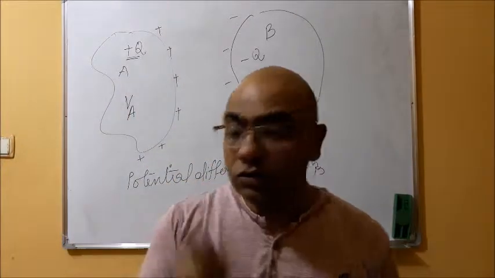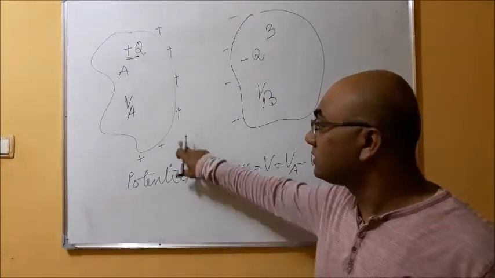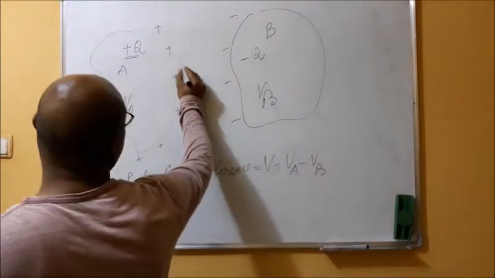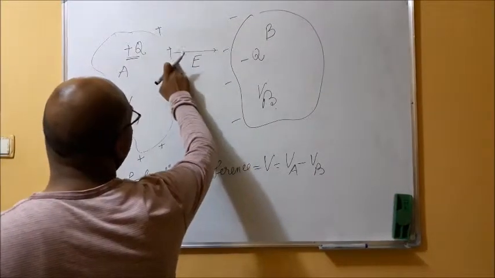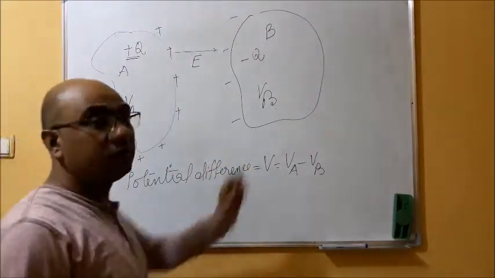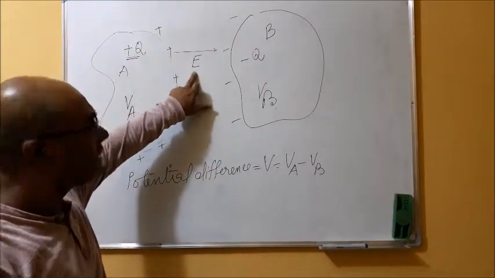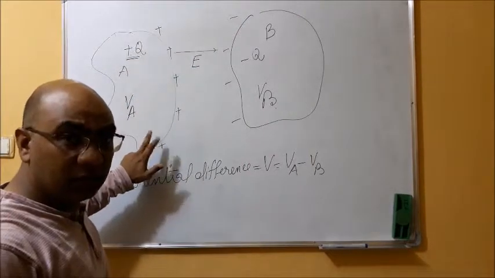Right? Now you know the electric field lines go from positive charge to negative charge, and hence here we can say that electric field lines will go from surface A to surface B. Now the magnitude of this E will depend on the amount of the charge, right?